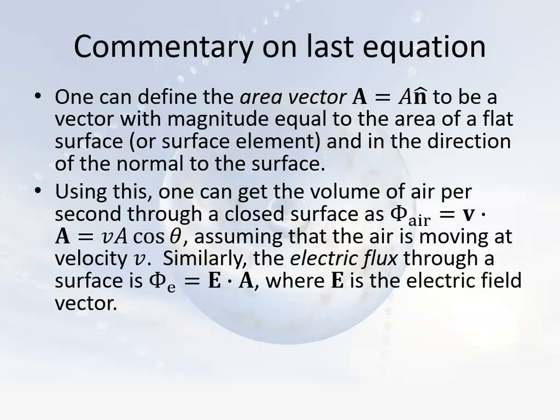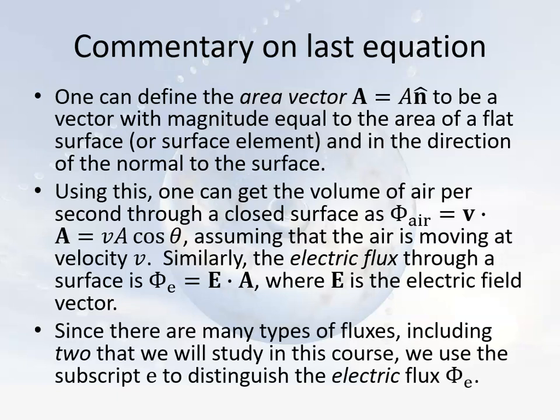However, if it is going through at some angle, then the flux of air, the volume of air per second, would be VA cosine theta, where theta is the angle between the direction of the air particles and the area vector of the surface. In other words, the vector going into the surface, or out of the surface, so to speak.